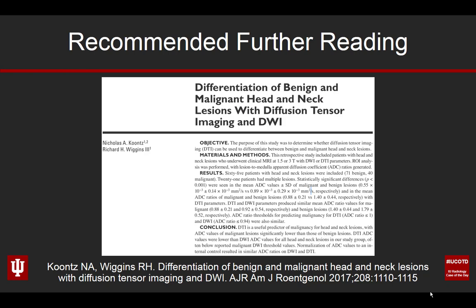ADC values tend to be darker or lower in signal intensity in high cellularity tumors. High cellularity tumors are more commonly going to be malignant. Not always, again, not a perfect paradigm, but if you see a tumor that's ADC dark, be thinking this is a high cellularity tumor and therefore also more likely to be malignant.